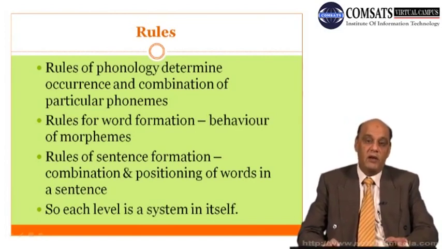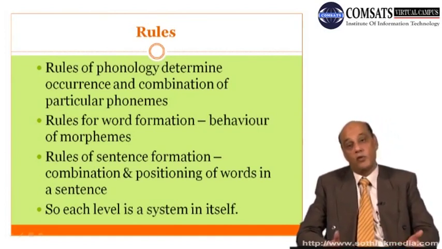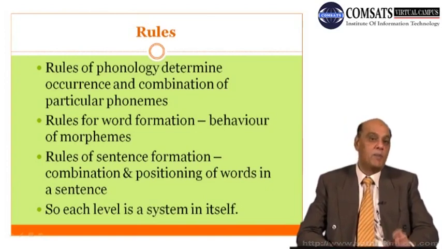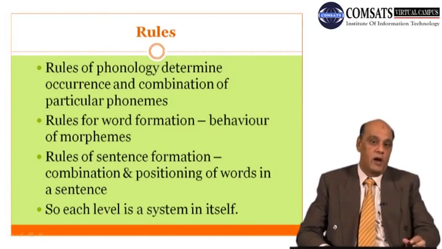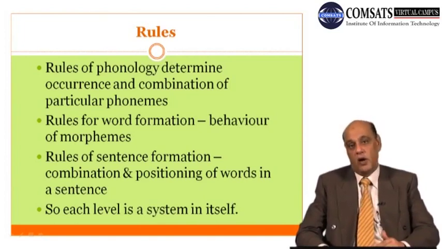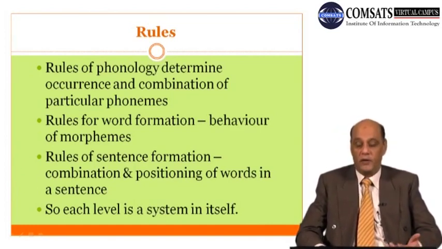Now, we can say that each level is a complete system in itself, and that system can of course be studied independently of the other systems. At each level, when you move to the upper level or the lower level, you have a different set of rules operating in order to give us meaningful text, meaningful sentences or meaningful words.